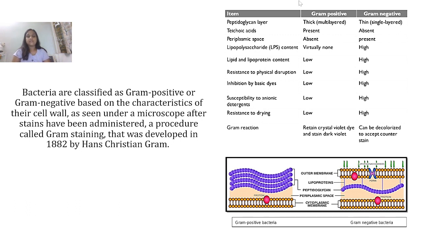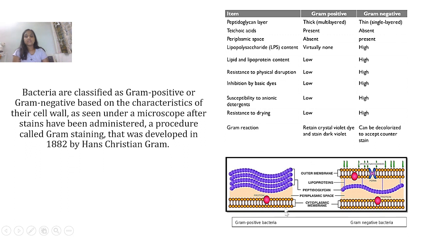For example, here you can see there is a difference in the membrane structure of both of these types of bacteria. In gram-positive bacteria, the peptidoglycan layer is much thicker, much more multi-layered compared to the gram-negative, where it is very thin and single layer. Then there is presence of teichoic acid here in the gram-positive, which is absent in gram-negative bacteria.